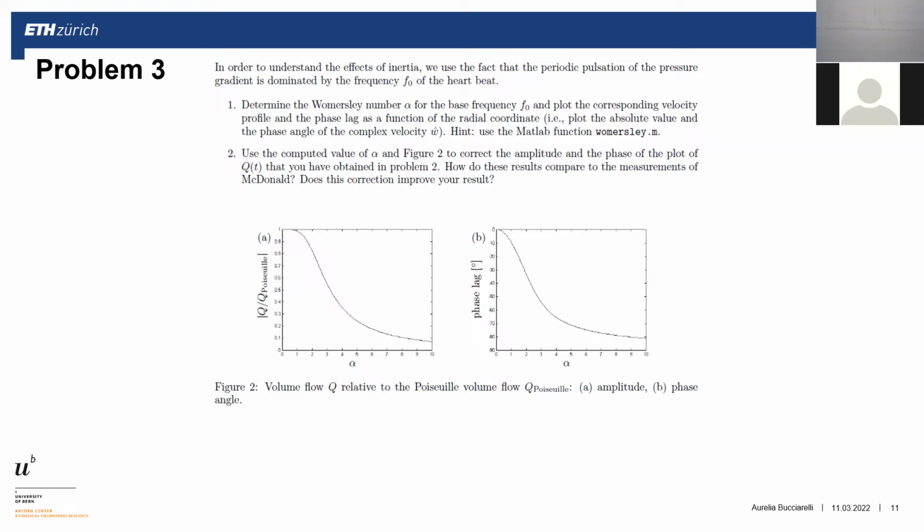And so here, before we were looking at a flow, and for this, it's like you cut your pipe. So for the Womersley number, what you need is a grid over your pipe.